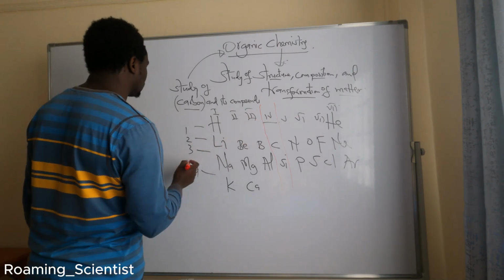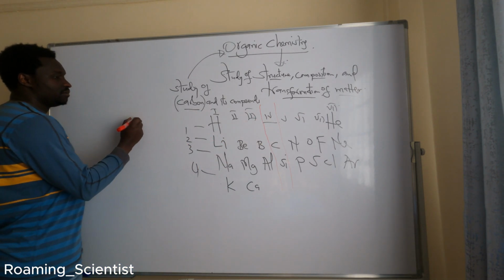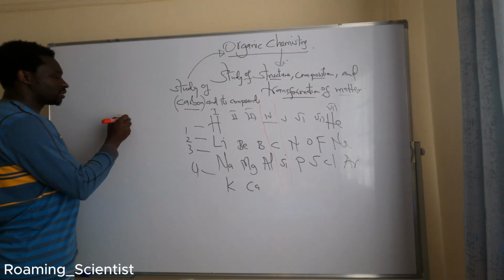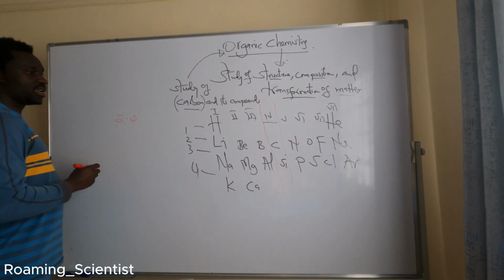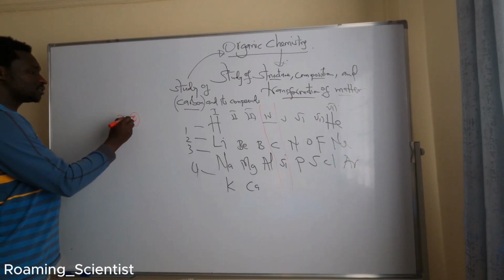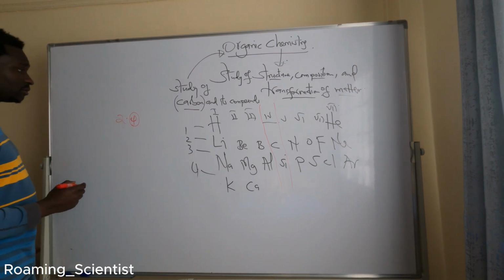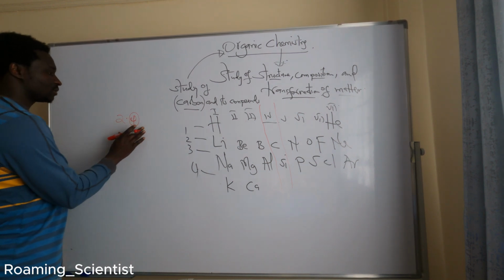The fact that it's in group 4 and it is atomic number 6 means its electronic configuration is 2,4, and that means it reacts by bonding to 4 other atoms. This could be carbon, oxygen, nitrogen, sulfur, and so on.